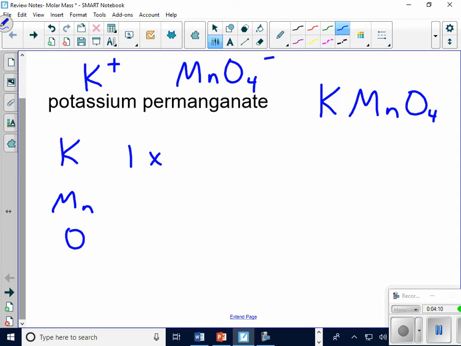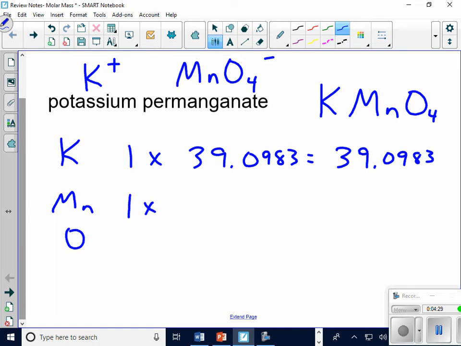Each potassium will give me 39.0983. So my total mass from potassium is 39.0983 grams. I have 1 manganese. Each manganese has 54.9380. 54.9380 is the mass due to the manganese.